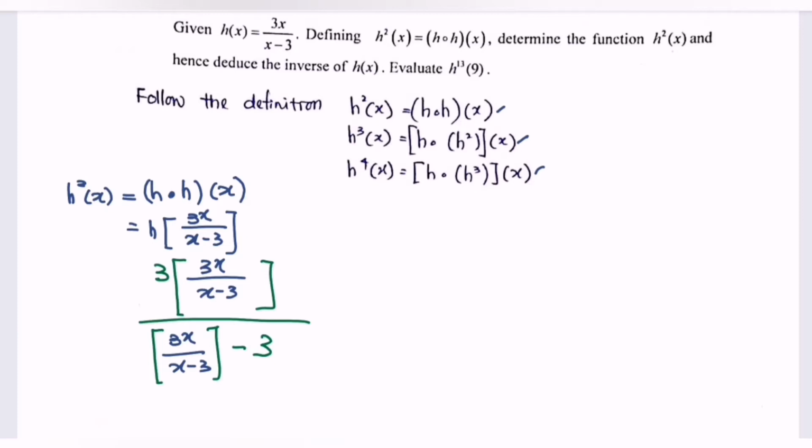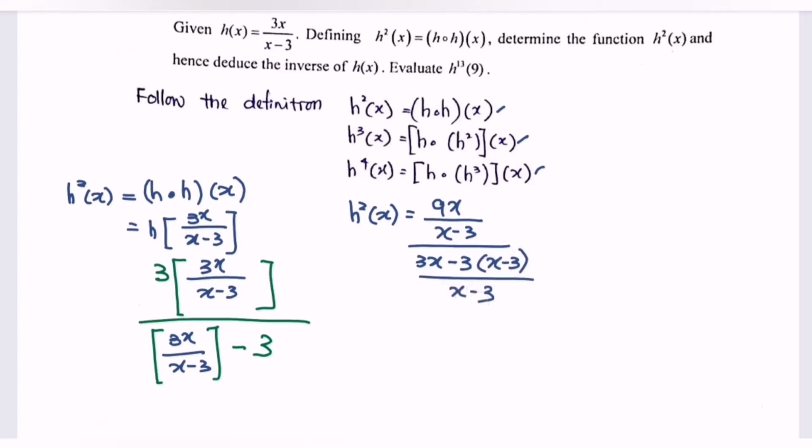Next, what we have to do is to simplify the situation. We can see that h squared is equals to, if we expand, 9x over x minus 3 over, equate the denominator, so 3x minus 3 multiply with x minus 3 over x minus 3. Next, h squared x is equals to 9x over x minus 3. Focus on this part, we have division. Do remember, if we flip the situation, it becomes multiply.